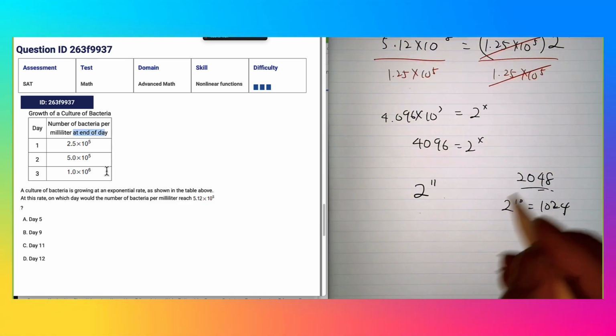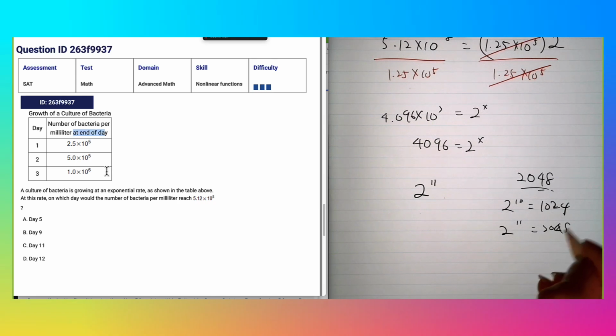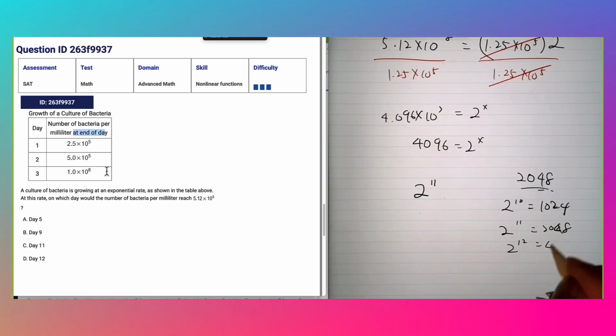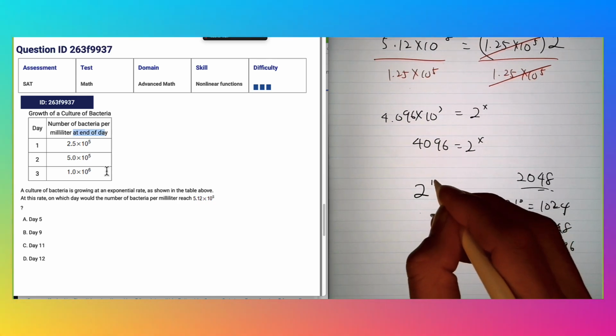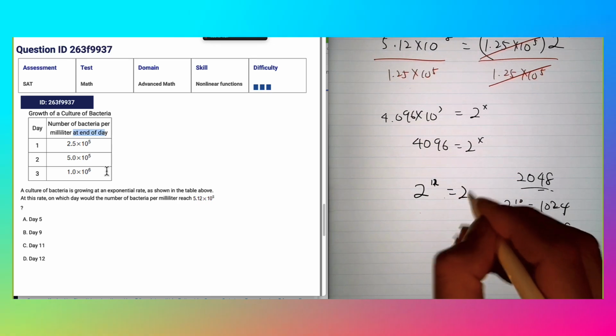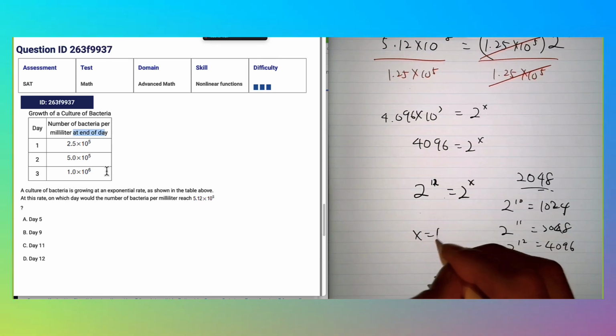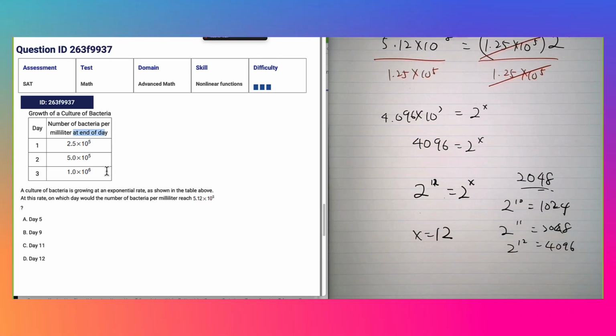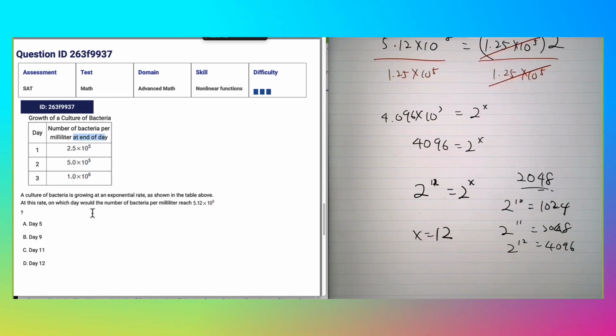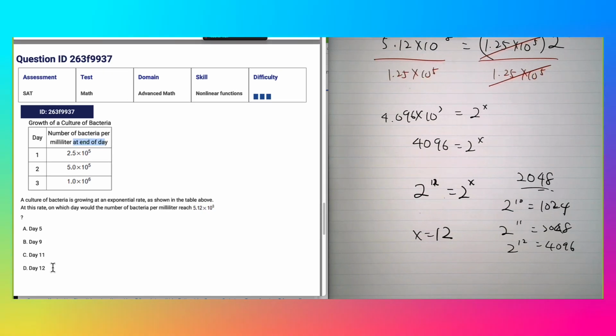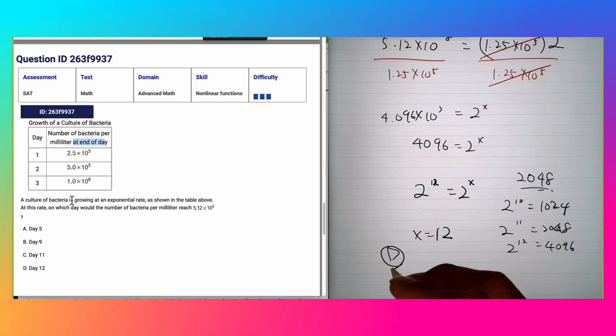And if you go one more, 2 to the 12 will give you 4096. So if you write it as 2 to the power of 12 equals 2 to the x, then x equals 12. So on which day? On day 12, you will reach that amount. So that's why the answer is D.